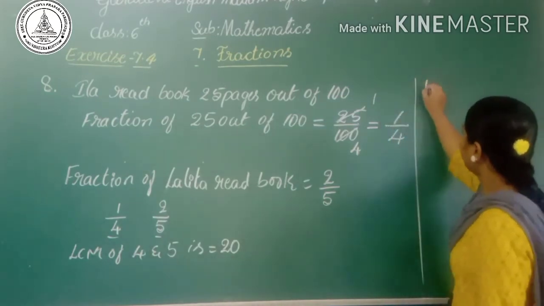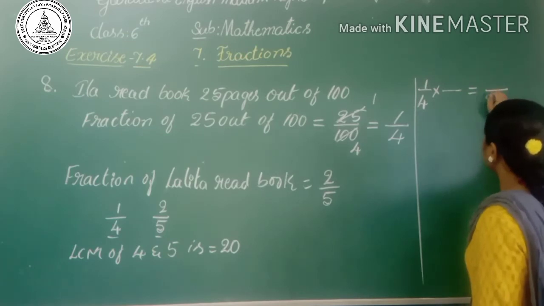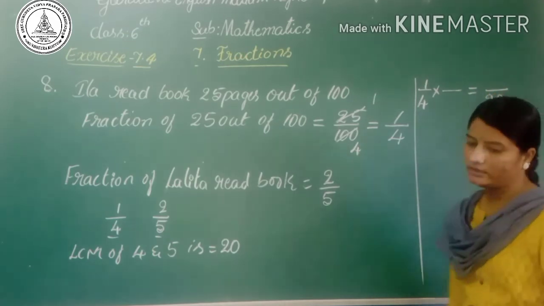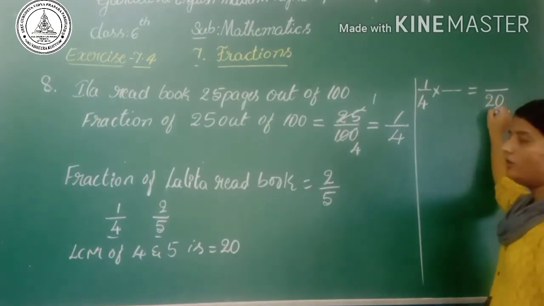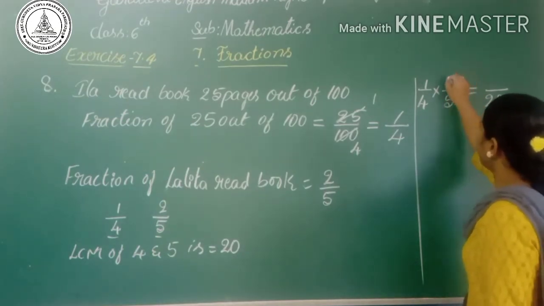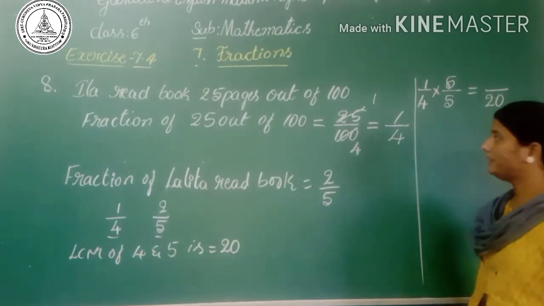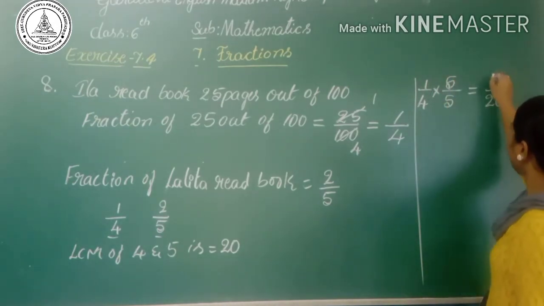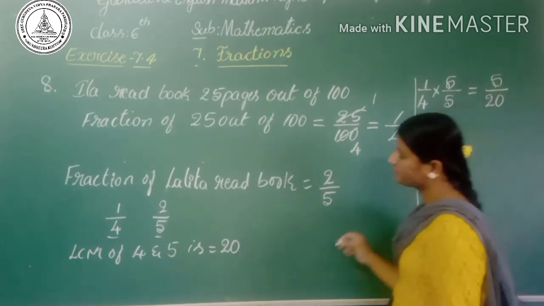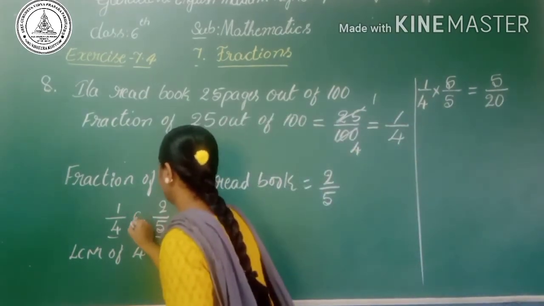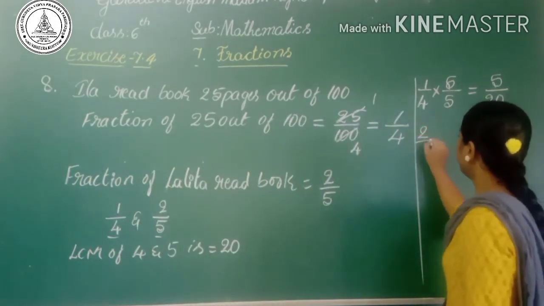Now write here 1 by 4 and make the denominator into 20. 4 how much are 20? 4 5s are 20. Multiply both the numerator and denominator by 5. 1 5 is 5. And the second fraction is 2 by 5.